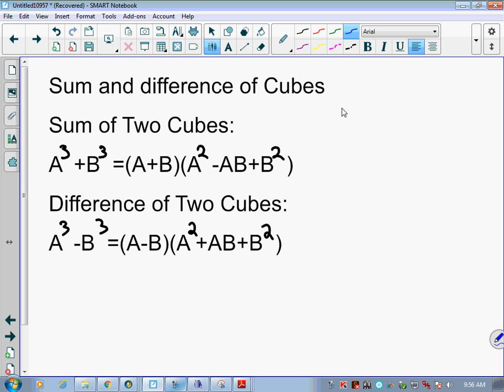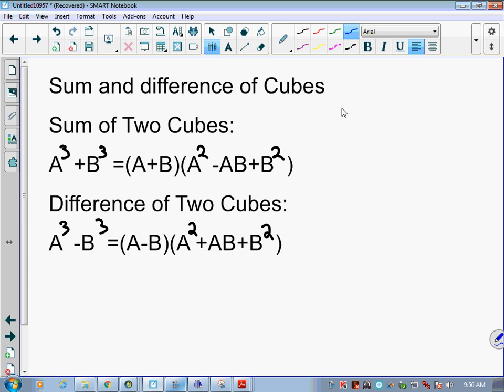Okay, and then we have the sum and difference of two cubes. Normally they're going to tell you, hey, we have two cubes here, we want to find the factor of these two cubes. If it is a cubed plus b cubed, then normally it'll be like 64x cubed plus 27, two things that I can find the cube root of. What we'll end up doing first is find the cube root of those two things, which will boil down to a plus b.